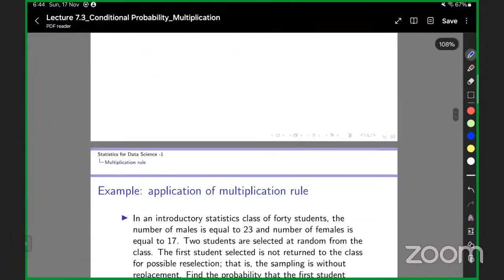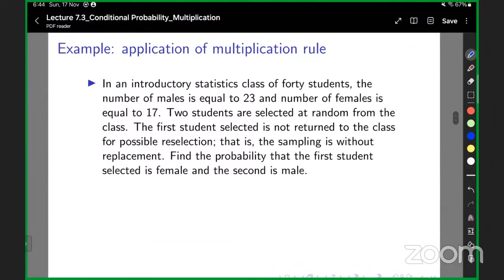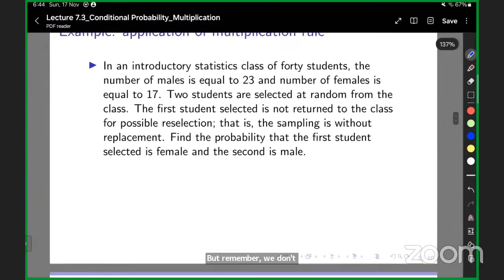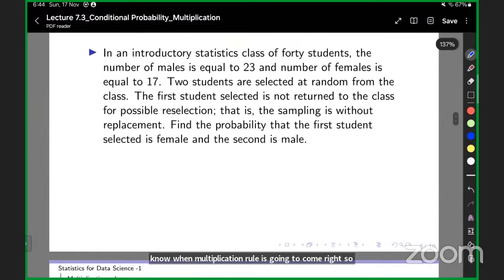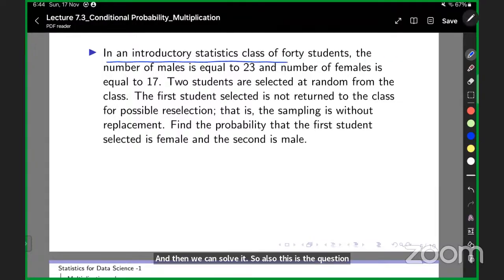Let's take this example to solve using the multiplication rule. But remember, we don't know when the multiplication rule is going to come, right? So let's just not think about the multiplication rule. Why I knew that this is the multiplication rule, we will talk about that, and then we can solve it. So this is the question. In an introductory statistics class of 40 students, so 40 students are there.